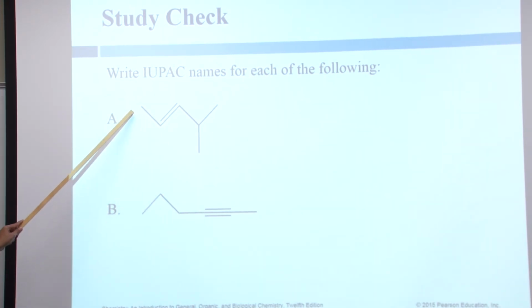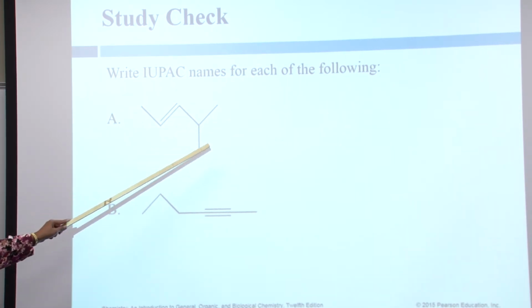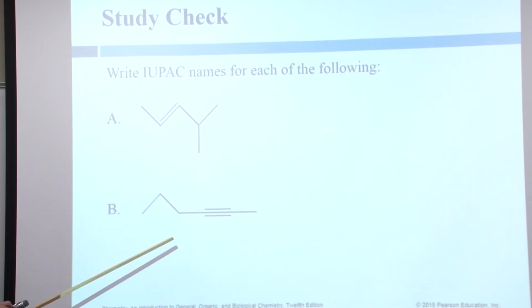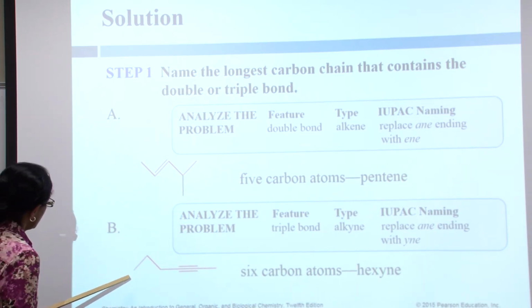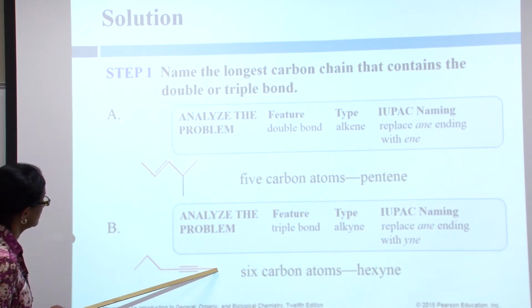So count the longest chain. 1, 2, 3, 4, 5. So I'm going to go with 5. For the other one, 1, 2, 3, 4, 5, 6.